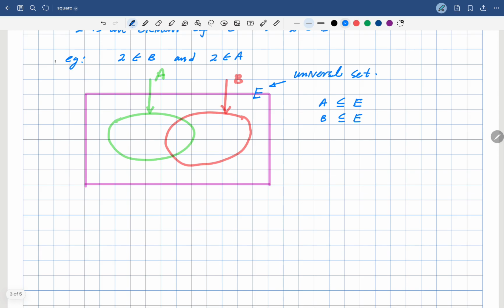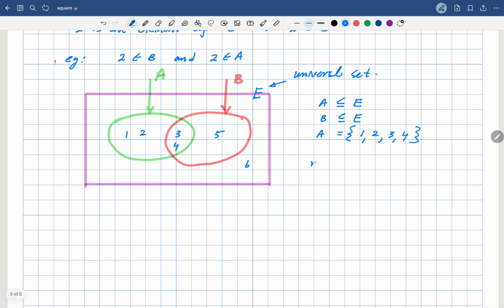Now let's think about a few elements inside: 1, 2, 3, 4, 5, and 6 outside. So what are the things you have in A? If you look into this, it's going to be 1, 2, 3, and 4.